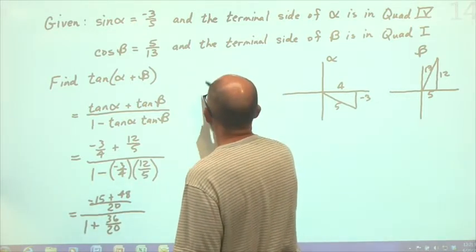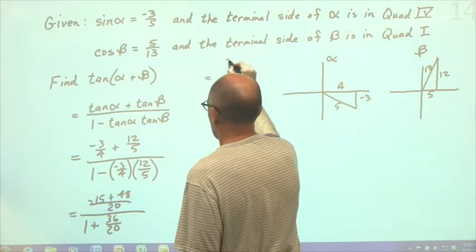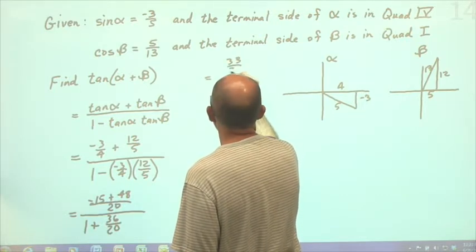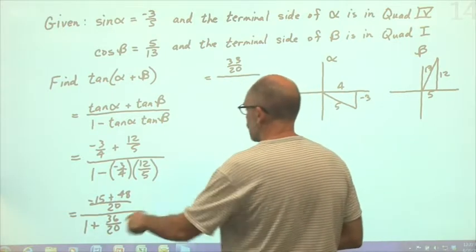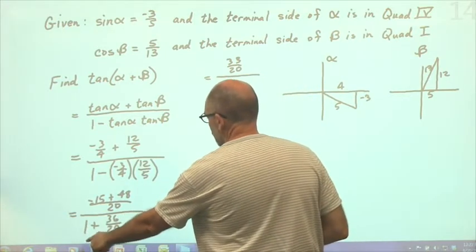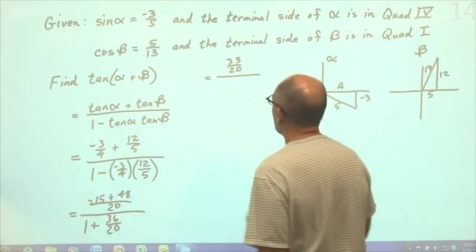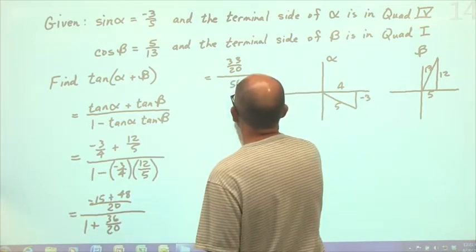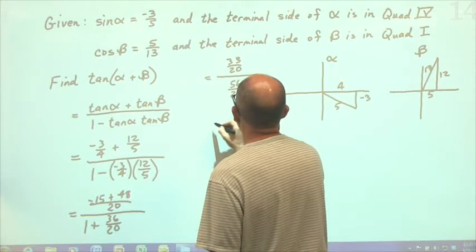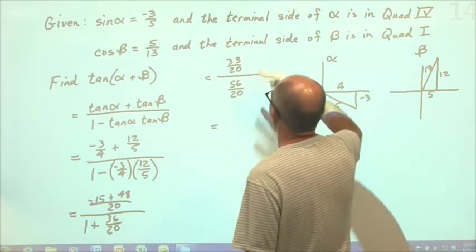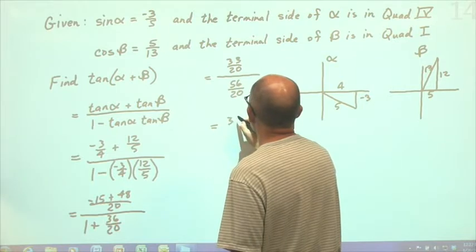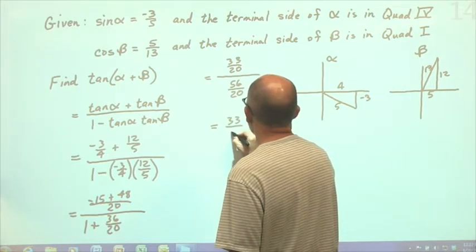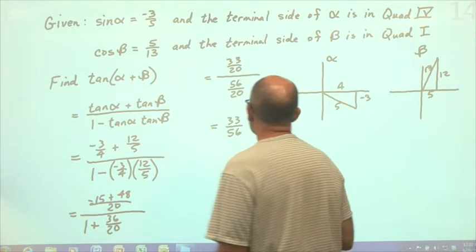So the whole thing equals 33 20ths over. Now, let's just turn this into 20ths also. So 20 over 20 plus 36 over 20 is 56 over 20. So now if we flip the bottom and multiply, you can see it's going to be 33 over 56.